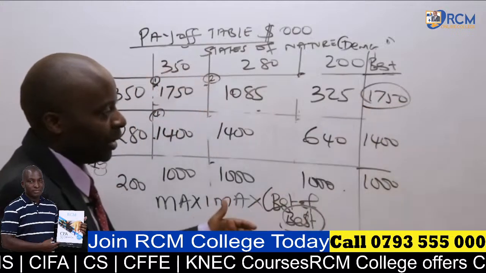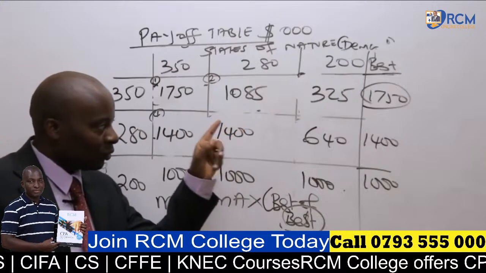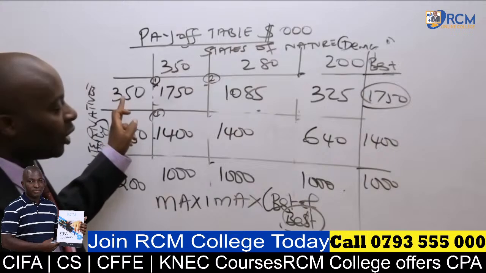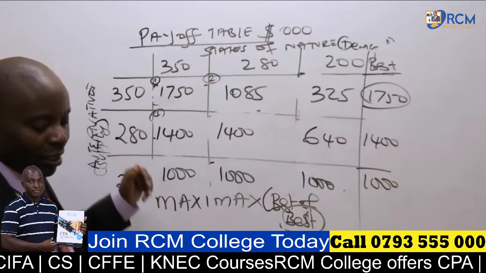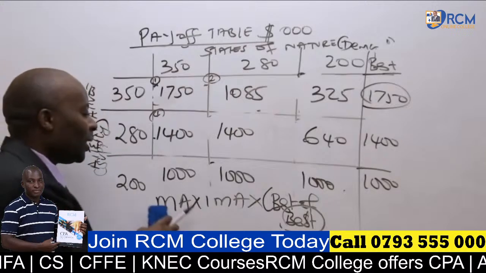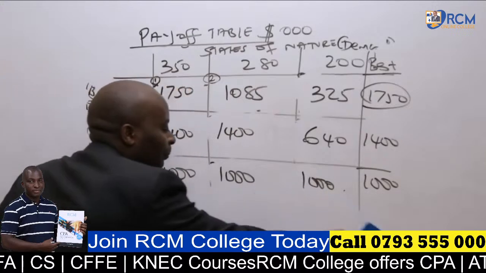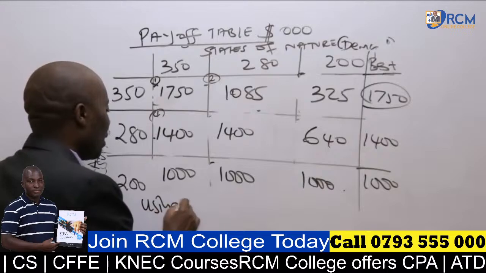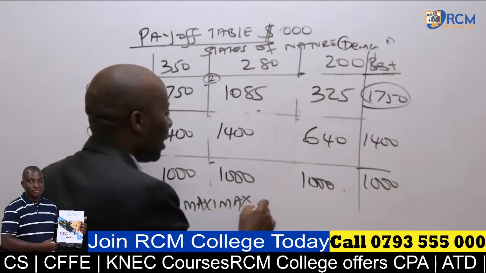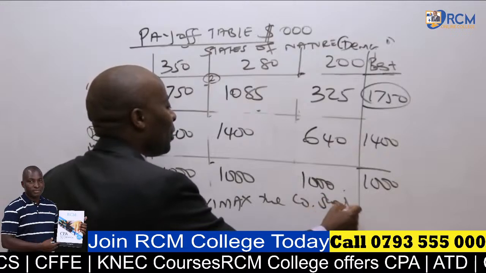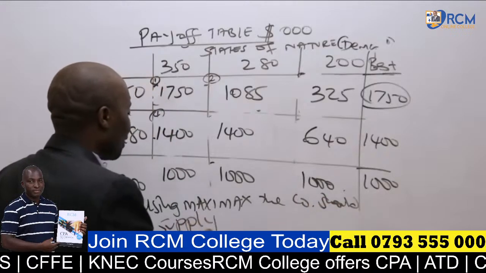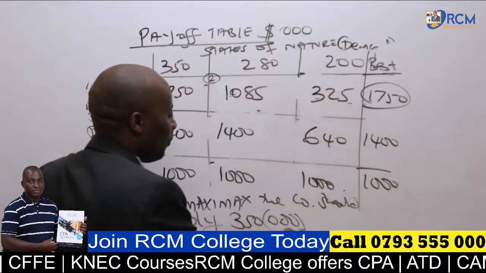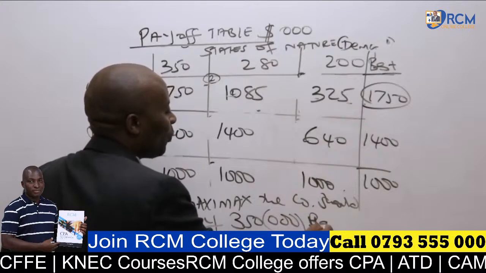Having selected it, I can see the corresponding quantity is 350. So we are telling this person that using maximax, the company should supply 350,000 units, or bags of cement.